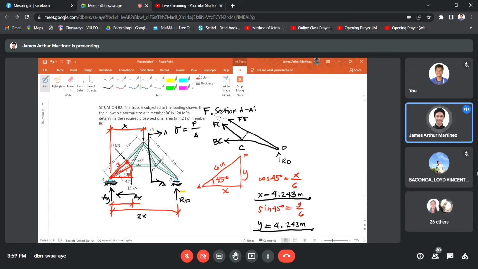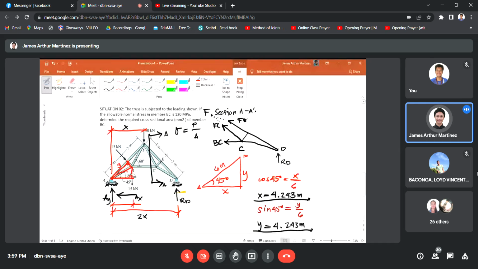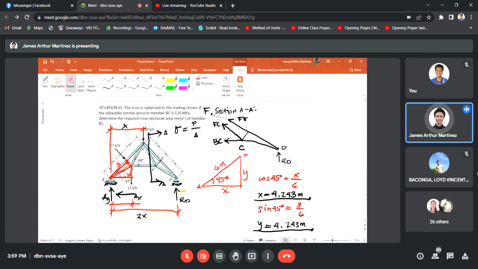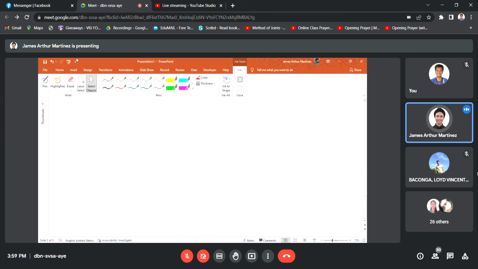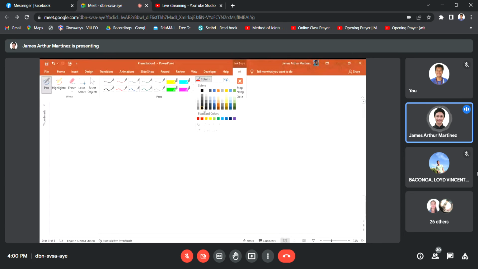You have 3 meters. The unknown we need to compute, let me label it as A to finally compute this distance. This is side B and this is C. From this triangle we will get the relationship. Let me expand it here to make it clearer.